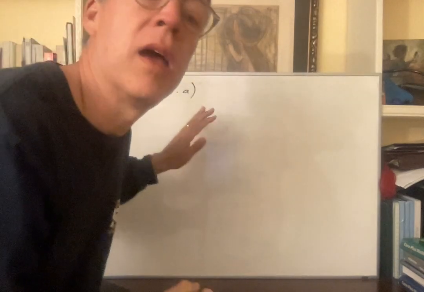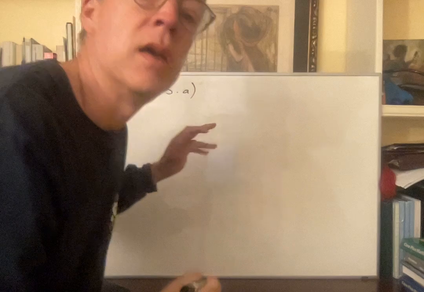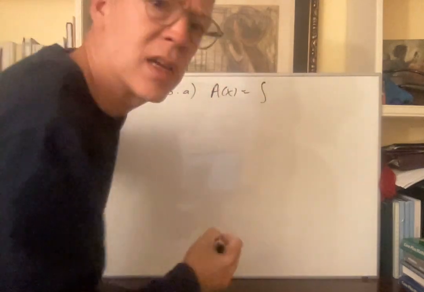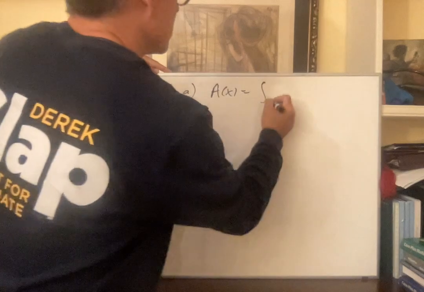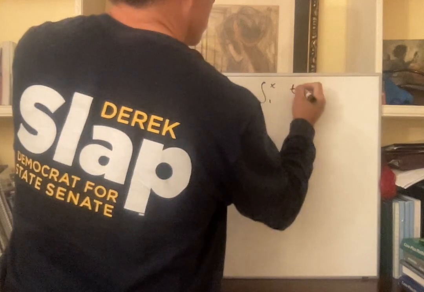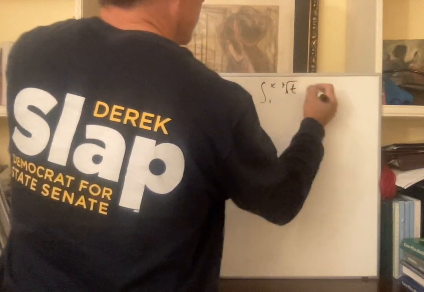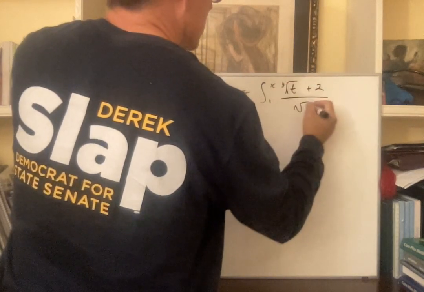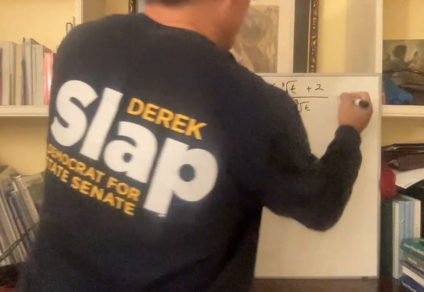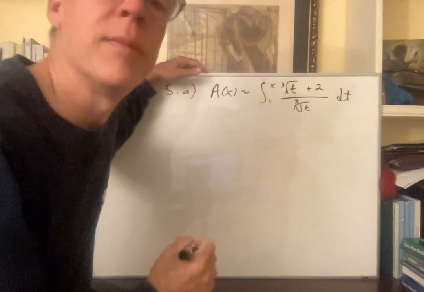Let's say that we have A of x, big A of x, equals the integral from 1 to x. Is that what it says? 1 to x. And then it looks really horrible. The cube root of t plus 2, all over the cube root of t, dt. Is that right? Yeah. And they need A prime of x.